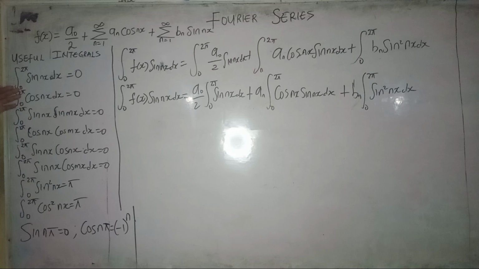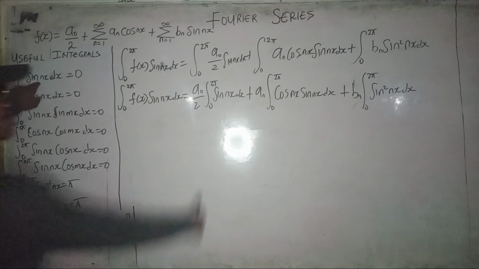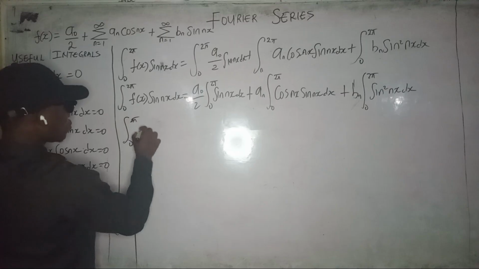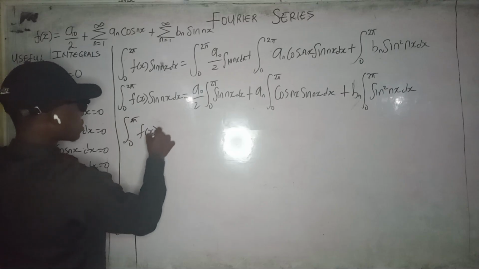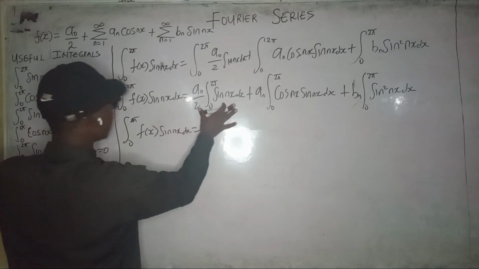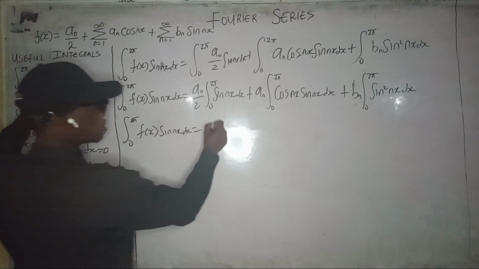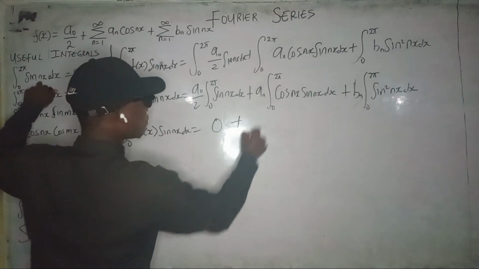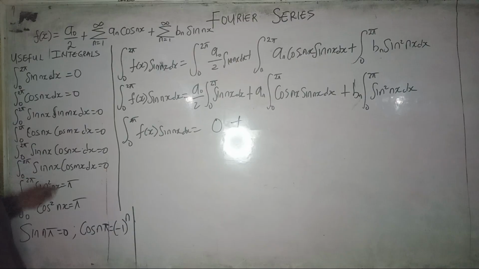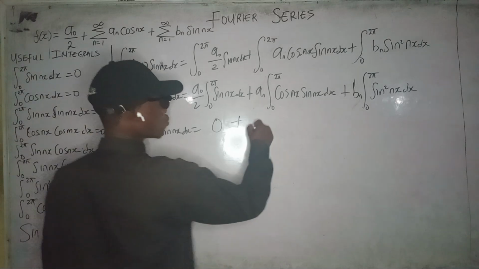So from here we can just input our useful integrals. We have our sine nx here is equal to 0. So therefore the integral from 0 to 2 pi of f of x sine nx dx is equal to, this here we see this is equal to 0. Then for this here we have cos nx sine nx, which is sine nx cos nx, that is equal to 0.